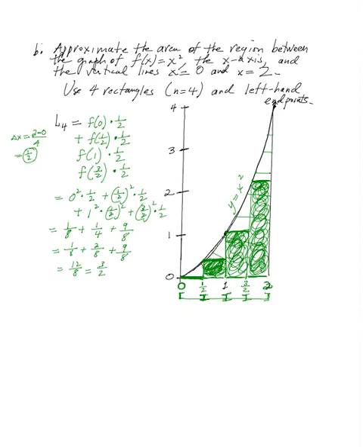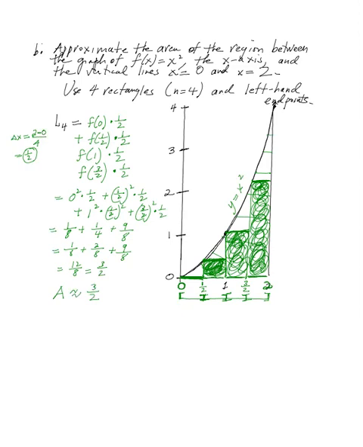So we're saying the exact area under this curve is approximately 3/2. But this 3/2 is clearly what? An underestimate. It's way too little.